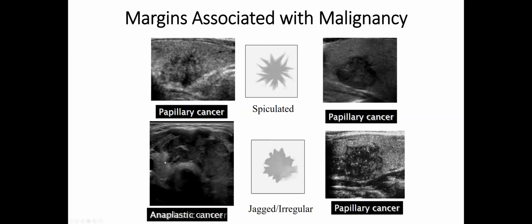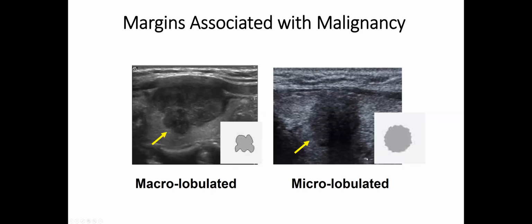This is an anaplastic carcinoma, and you can see this tumor basically takes over the entire thyroid gland with infiltrative borders. This one is very classic of papillary carcinoma because this tumor has that snowstorm appearance of multiple echogenic foci, which is indicative of microcalcifications or psammoma bodies.